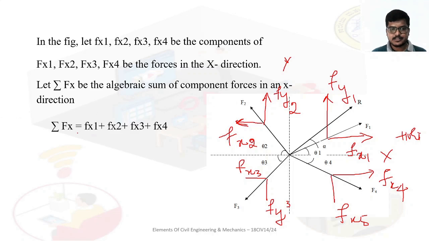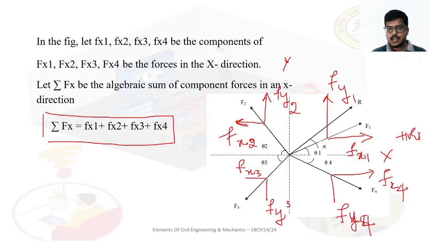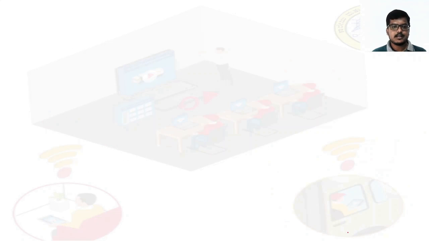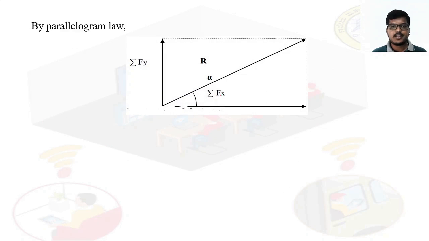Then sigma Fx is equal to Fx1 plus Fx2 plus Fx3 plus Fx4. Similarly, sigma Fy is equal to Fy1, Fy2, Fy3 and Fy4. Fine. So once we get sigma Fx and sigma Fy, sigma Fx is this one force, sigma Fy is this.